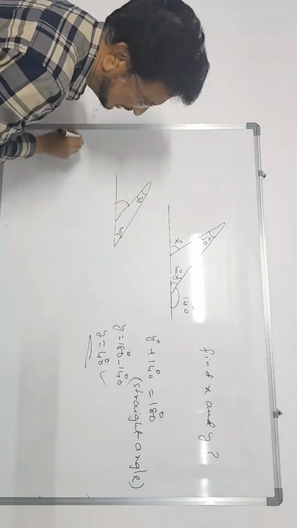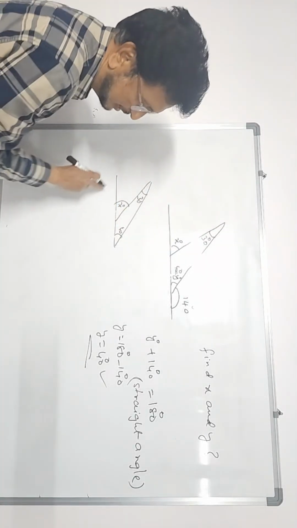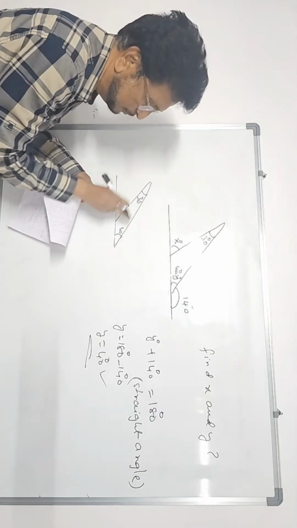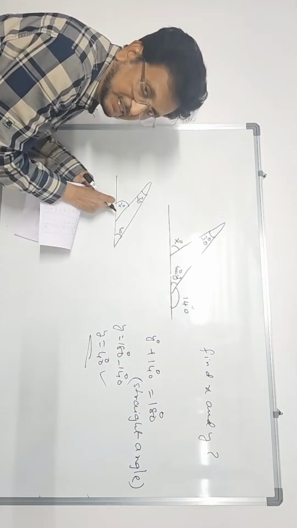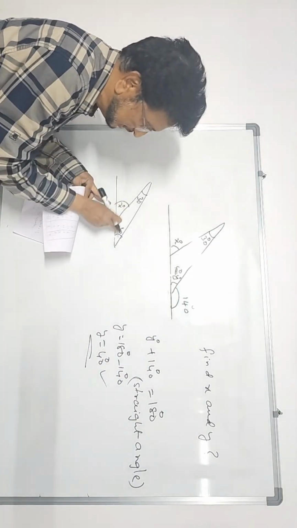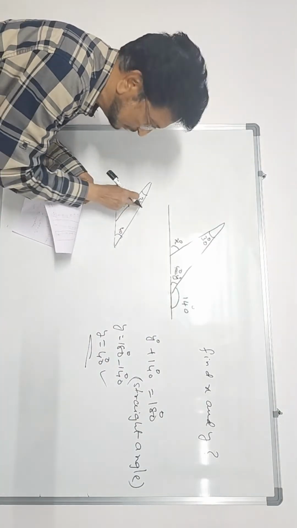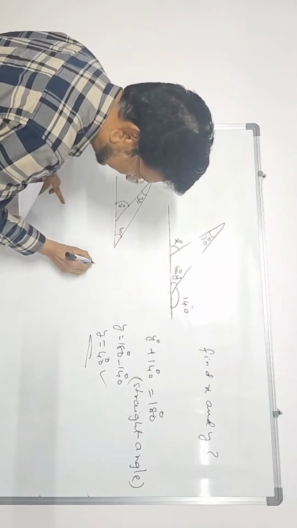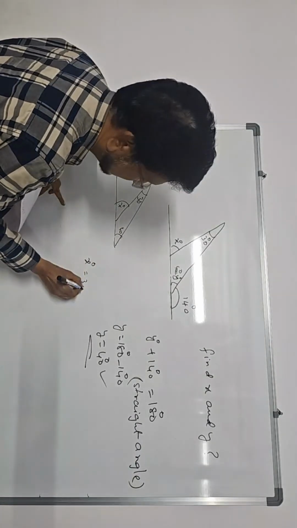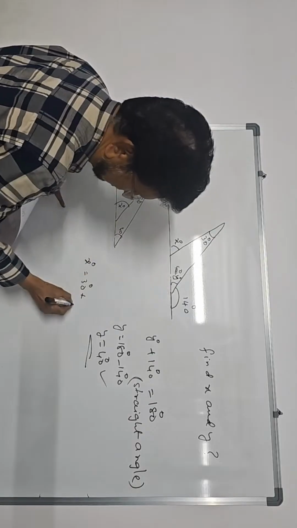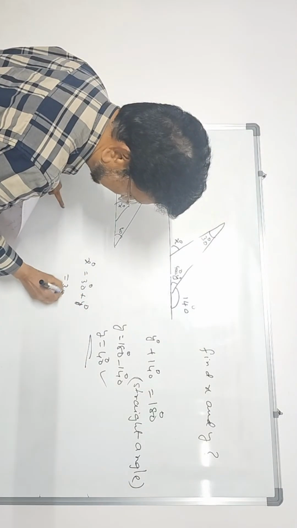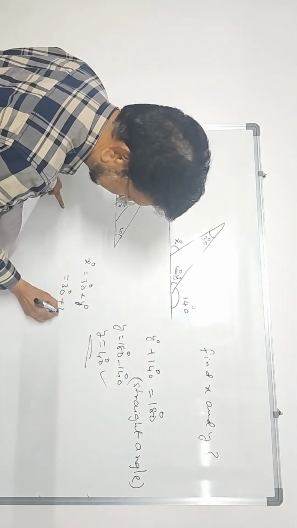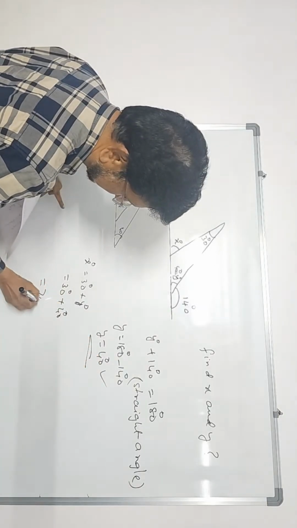What will be this angle x? Exterior angle is equal to the sum of the opposite interior angles. In a triangle, exterior angle is equal to the sum of the opposite interior angles. x will be equal to 30 plus 40. I will write x is equal to 30 degree plus y value. y value we will substitute, as we found y is 40. 70 degree.